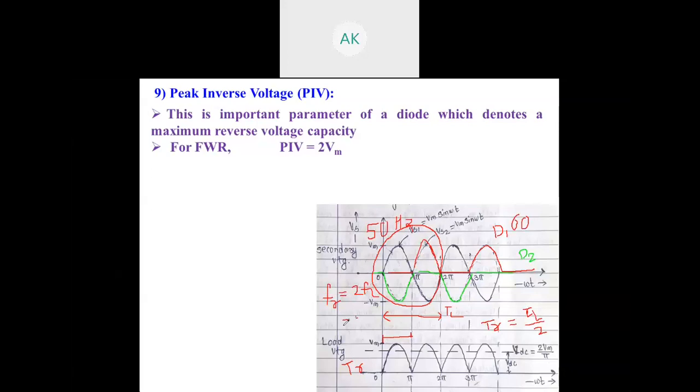So for the full wave rectifier, the ripple frequency is 100 Hertz for a 50 Hertz line. So finally we can say for a full wave rectifier, the ripple frequency is twice the line frequency. This is not the same as with the half wave rectifier, where it was 50%. Okay guys.